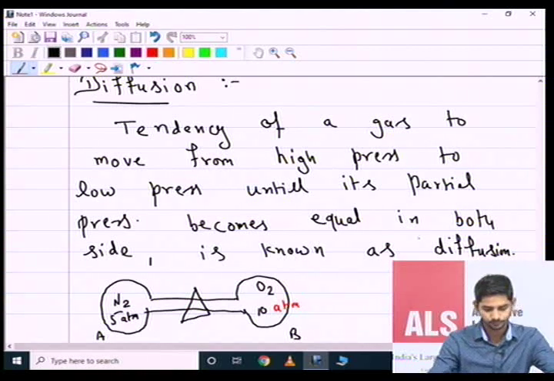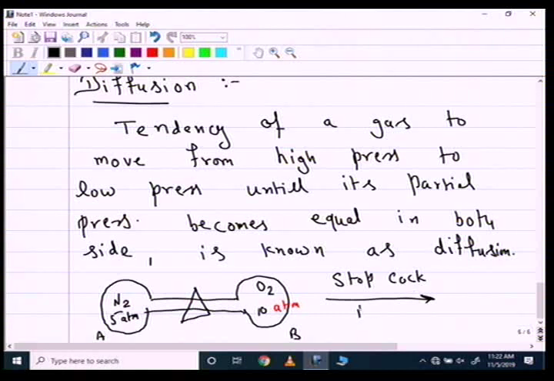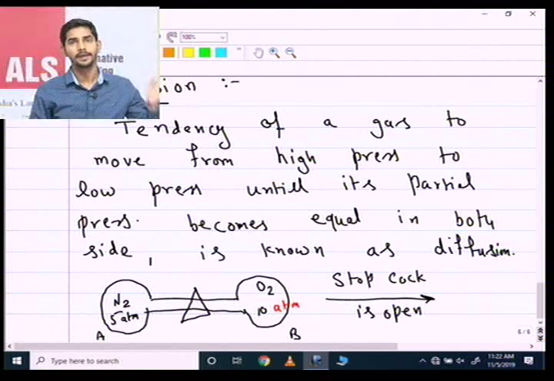Now the stopcock is open. We have removed that stopcock. Right now both gases are present in a particular space: N2 is present on the left hand side only, which is the A side, and O2 is present on the right hand side only, which is the B side.